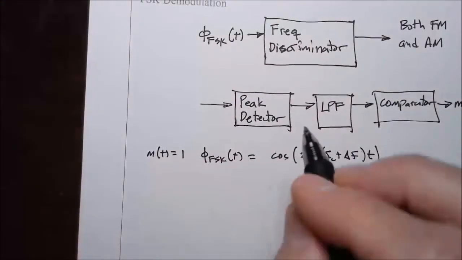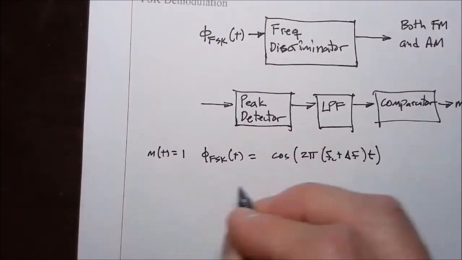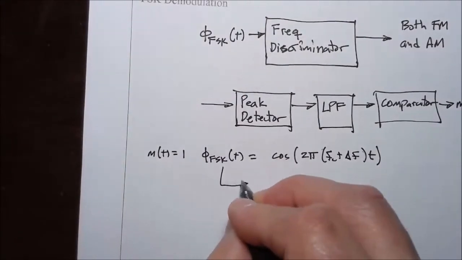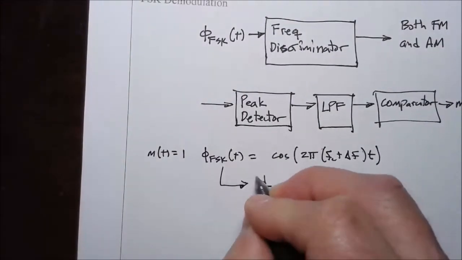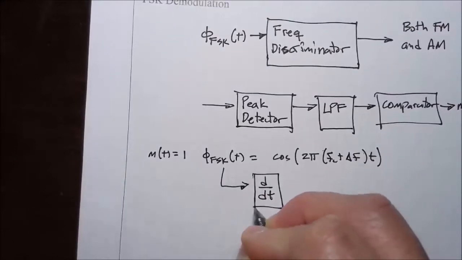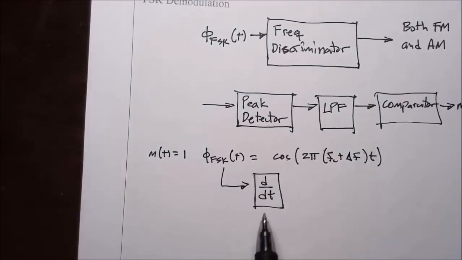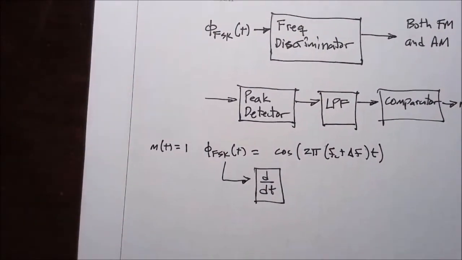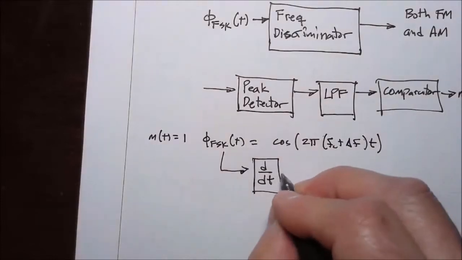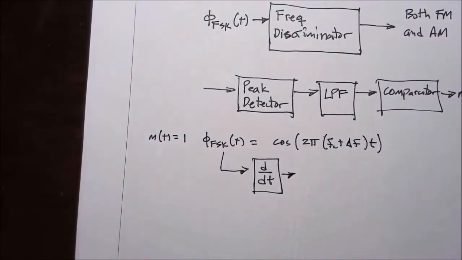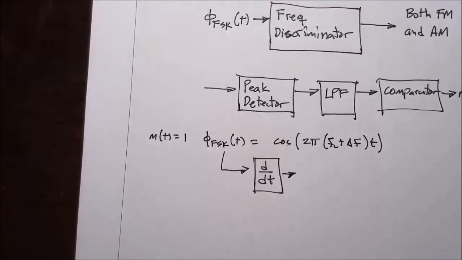We then take this signal into a differentiating amplifier to do the frequency discrimination, just as we talked about with the AM signal.